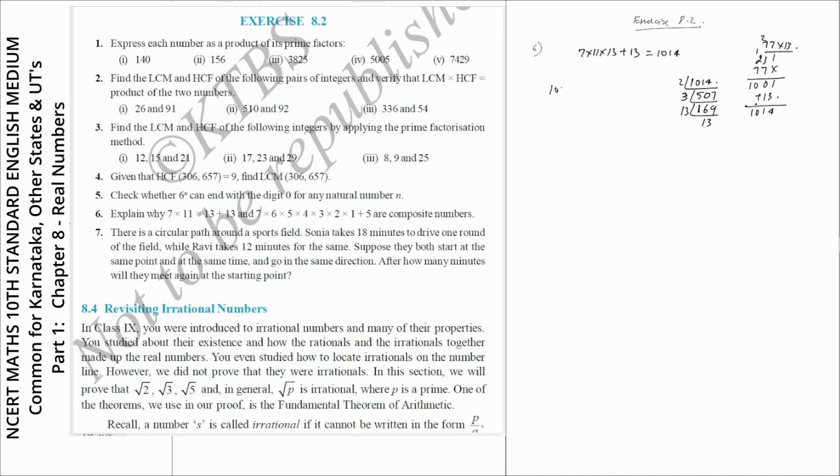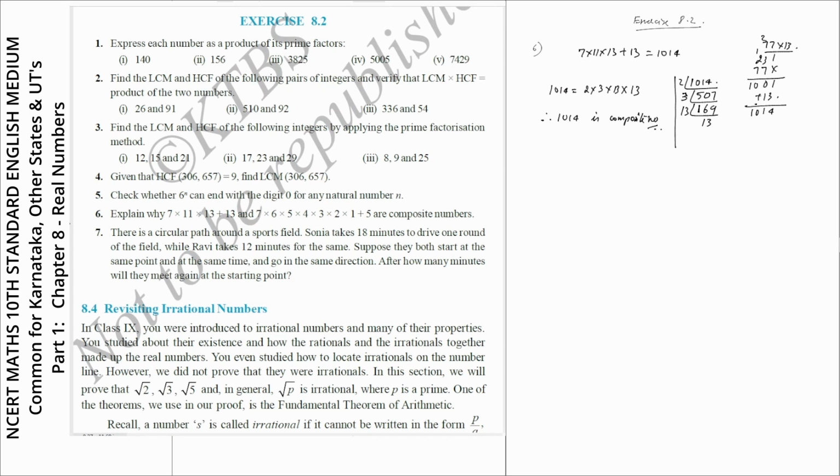So 1014 is equal to 2 into 3 into 13 into 13. So there are more than 2 factors for this number. Therefore 1014 is a composite number. So what are composite numbers? Numbers for which there are more than 2 factors. If there are only 2 factors, then it's a prime number.